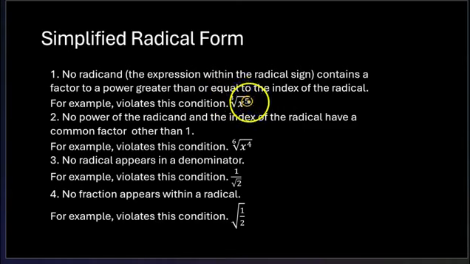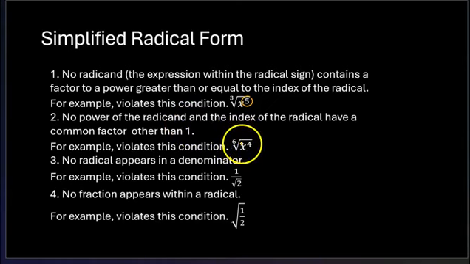Later I will simplify this. You have to make sure that the exponents in your radicand are lower than the index. If it's higher, then it's not yet the simplest form. Second, no power of the radicand and the index will have a common factor other than 1.